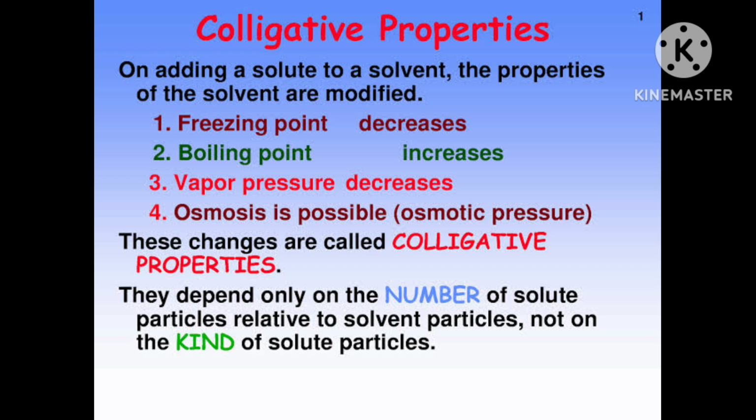Now the equation. You know the relation between vapor pressure and mole fraction, that P1 is directly proportional to X1. The 1 always means component 1. Here you have to recall the same equation, with the vapor pressure of the solution and mole fraction.